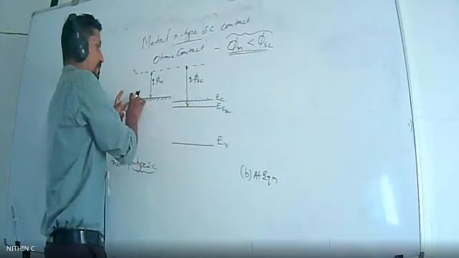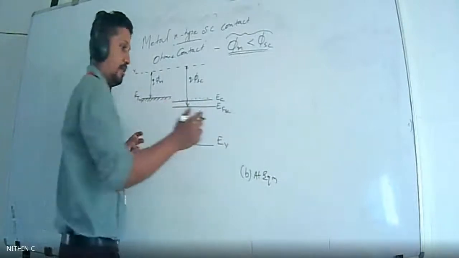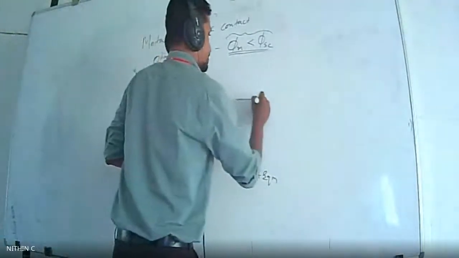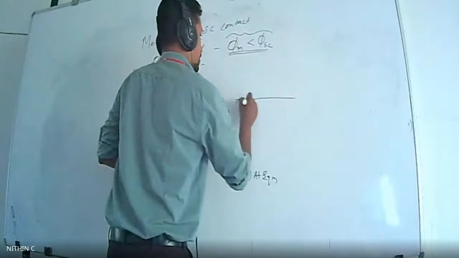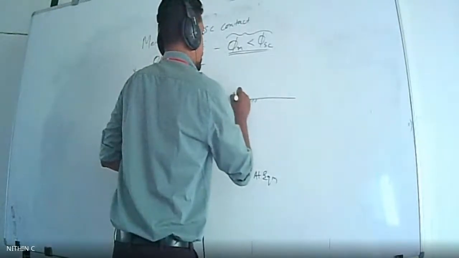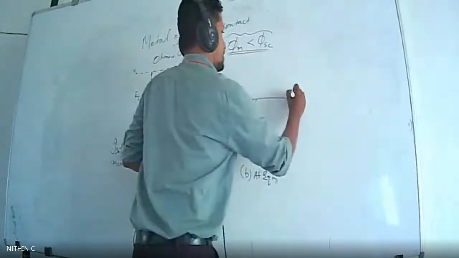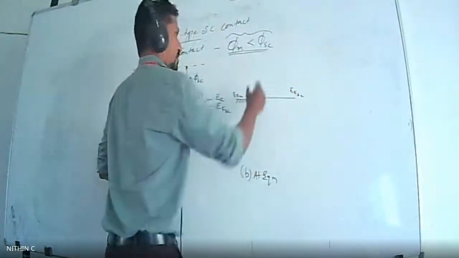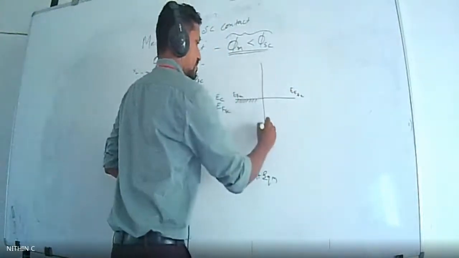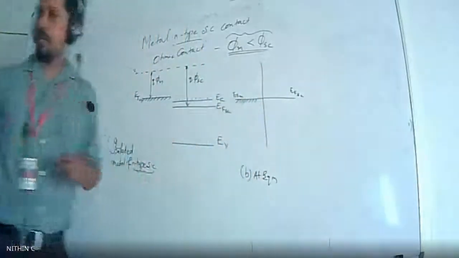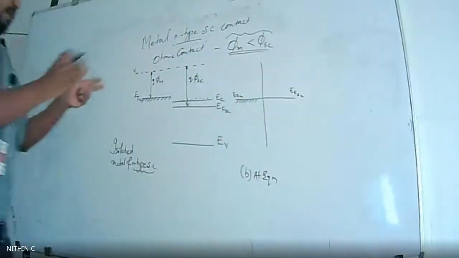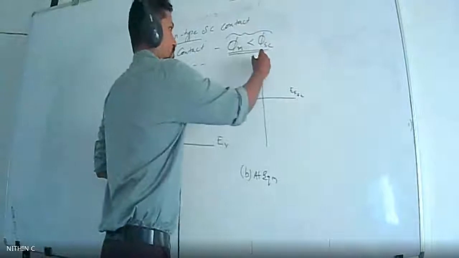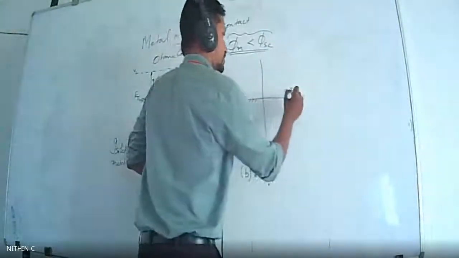At equilibrium, EFM and EFSC should lie on the same line that I am going to draw here. You have EFM over here, EFSC over here, and I just draw the junction. This is not actually a depletion layer, that is just the junction where the two are joined. There won't be any depletion layer.